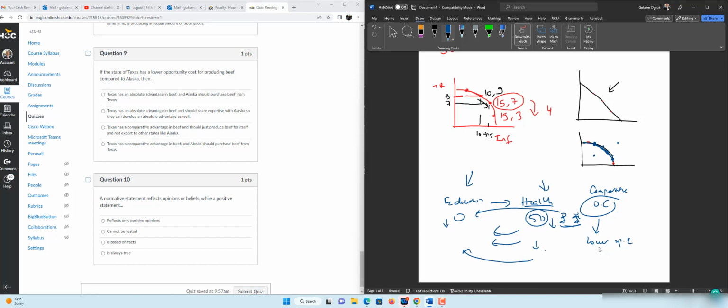If Texas has a lower opportunity cost of producing beef, then Texas should produce beef and Alaska should purchase beef from Texas. So that is D. Texas has a comparative advantage in beef, Alaska should purchase beef from Texas. If you talk about opportunity costs, it's actually comparative advantage.